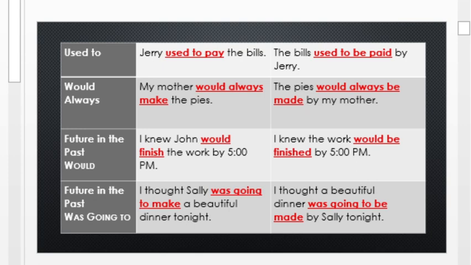And in future in the past, where you're going to use the form was going to, the difference is also quite obvious, because in passive you have to add be after was going to. Then it will be continued with the verb and also the one who's doing, the one who received the doing.